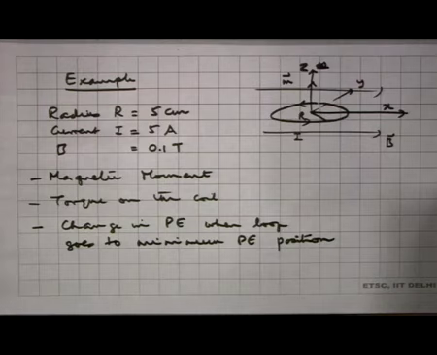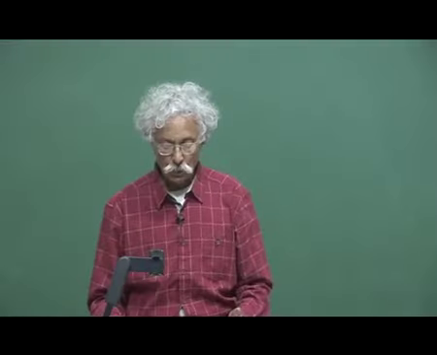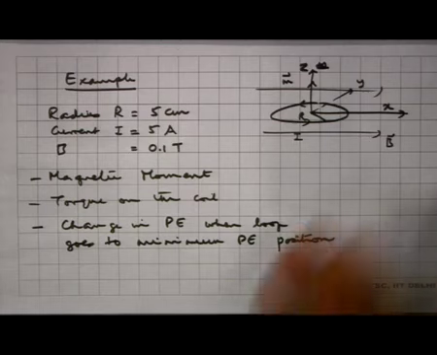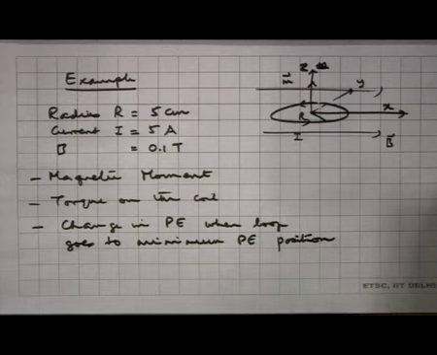So, we will discuss this in the next class, but in the meantime I would urge you to think about this. Using these numbers, calculate the magnetic moment of the loop, the torque on the coil, and also the change in potential energy when the dipole goes from this position to the minimum position. Thank you.